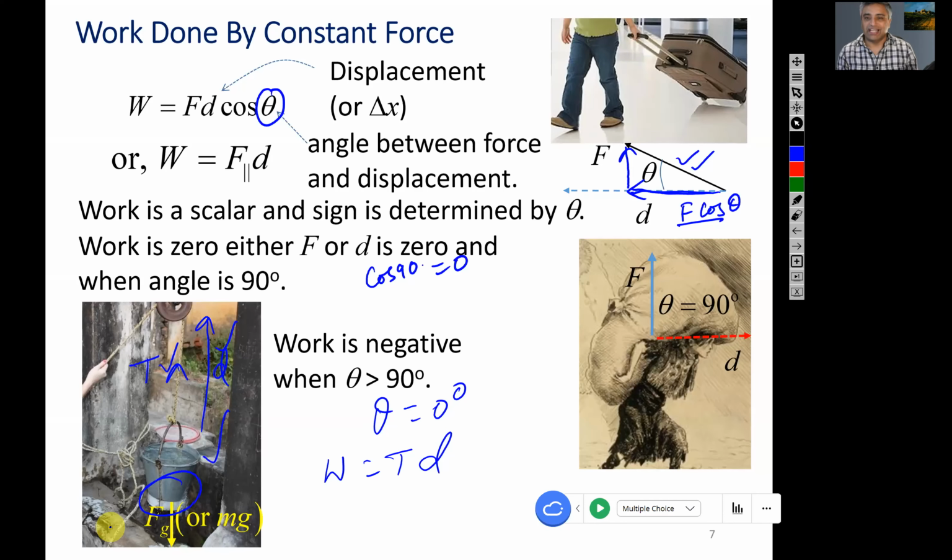Cosine 90 is 0. And cosine 180 is negative 1. Okay, so these three cosine values, we're going to be using a lot in this chapter. So keep it somewhere, either in your head or on a paper next to you. Okay, it's going to come in handy.